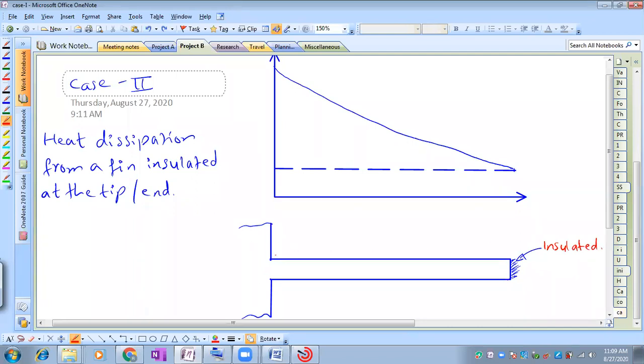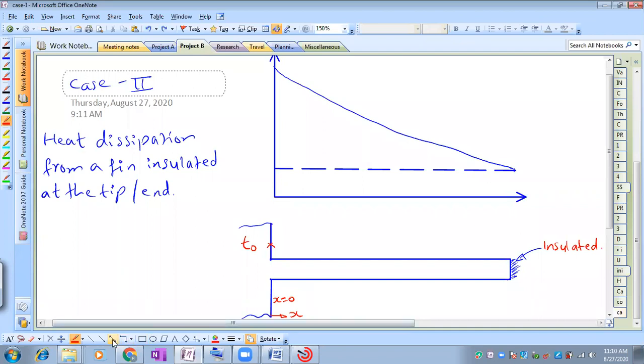Now if this is the fin, this is the base part of the fin. Whatever the temperature is at the surface will have the same temperature. So I consider this as my T0. If this is the direction X, at this point my X will be equal to 0.